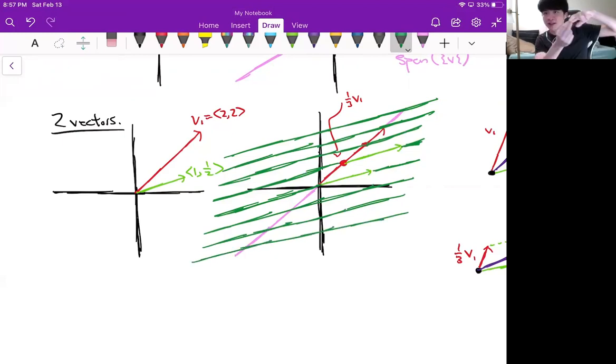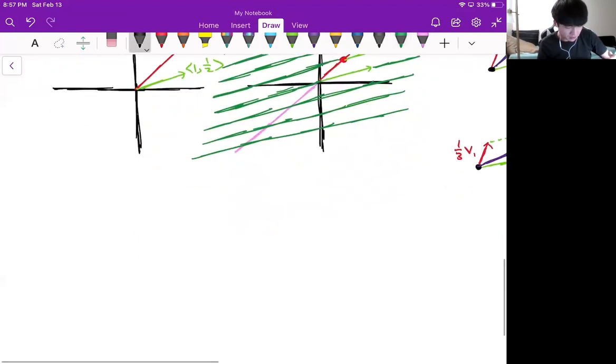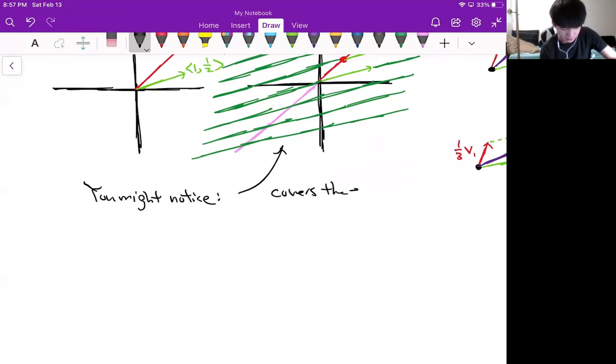So the pink line tells me how far I can go in the V1 direction if I scale V1. The green line tells me how far I'm going in the V2 direction. You might notice you actually just get the whole plane. This covers the entire plane.